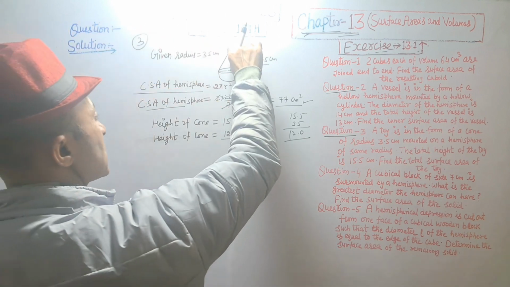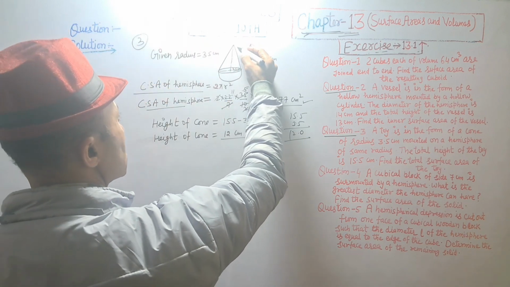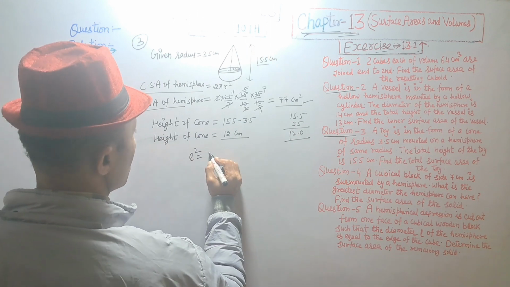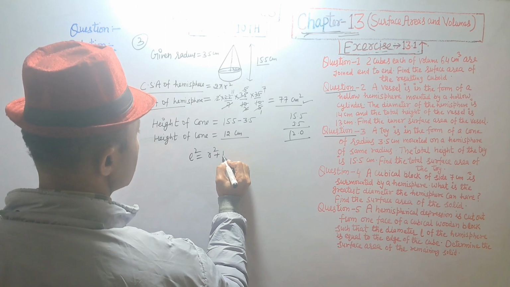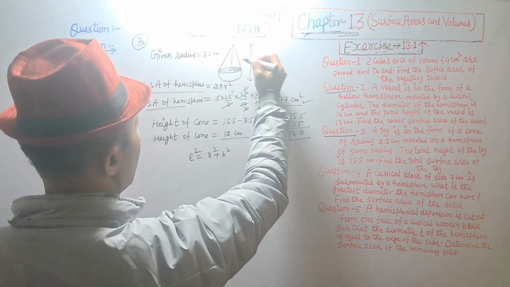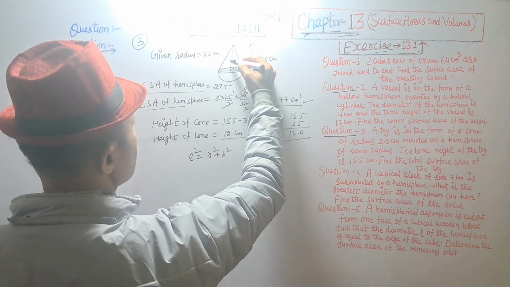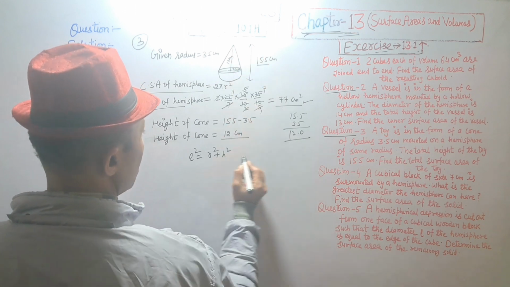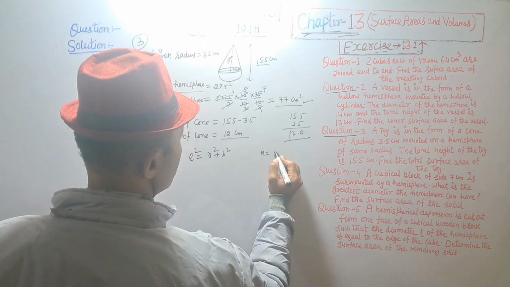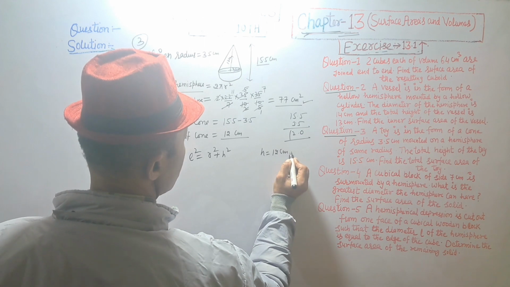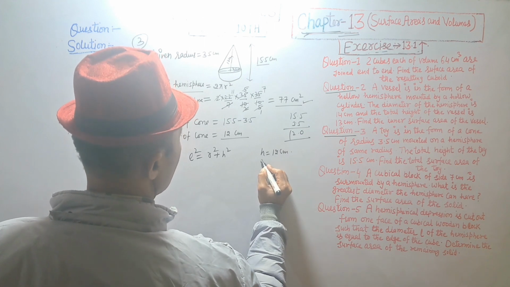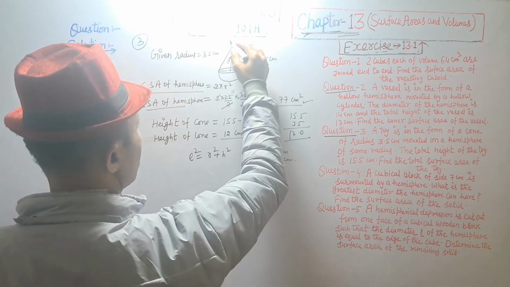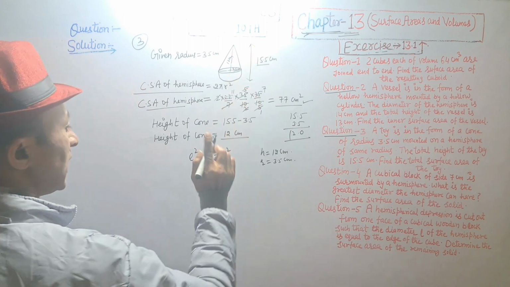We want to find the slant height of this. L square is equal to r square plus h square. Height is 12 centimeter, and radius is 3.5 centimeter.